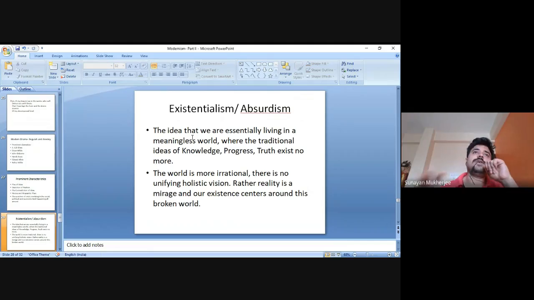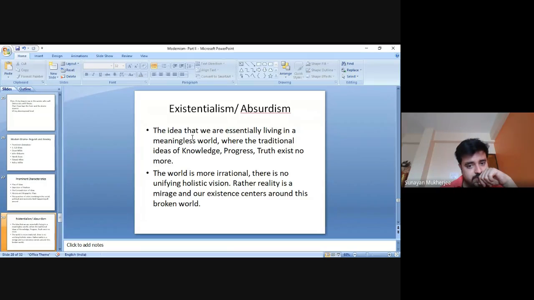The idea of existentialism would come later on in the dramatists. Prominent among them would be Samuel Beckett, then Eugene Ionesco, Eugene O'Neill, and the idea that we are essentially living in a meaningless world, but the traditional ideas of knowledge, progress, truth exist no more.